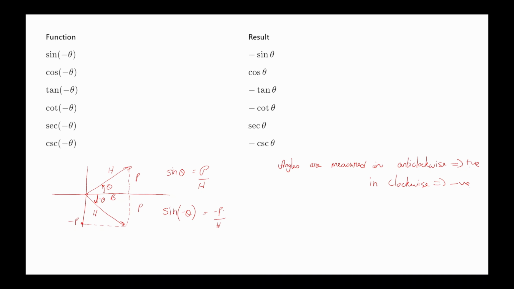So you can see that sine of minus theta is basically minus sine theta. That is how the proof works. Similarly for cos, which is base by hypotenuse, it does not get affected, because the base and the hypotenuse both remain positive. So this is the proof of how negative values of trigonometric functions are found. The rest you can prove by yourselves. Apart from that, it is recommended that you remember all these things so that it is easier for you to solve questions.